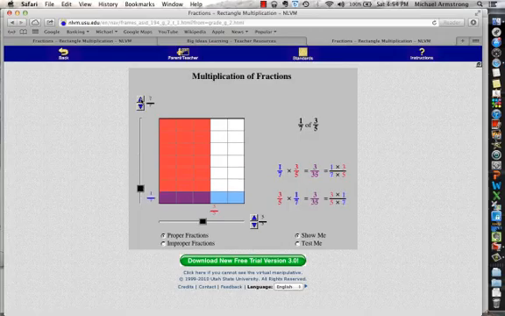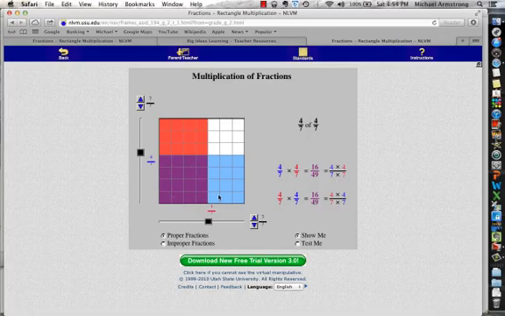You could change up to like this, and this would be 4/7 times 4/7. Okay, and there's just something nice and even. 4/7 times 4/7. We've got our 4/7 in the columns and our 4/7 in the rows, and 4/7 of 4/7 is this 16/49.